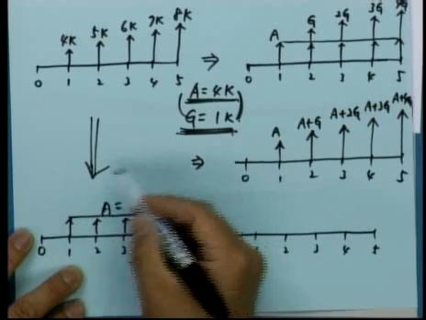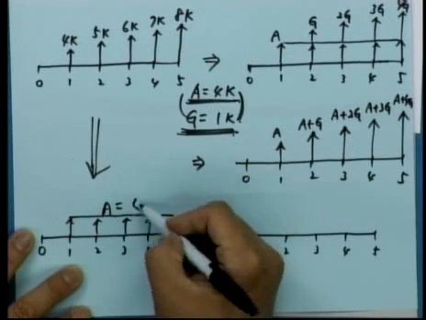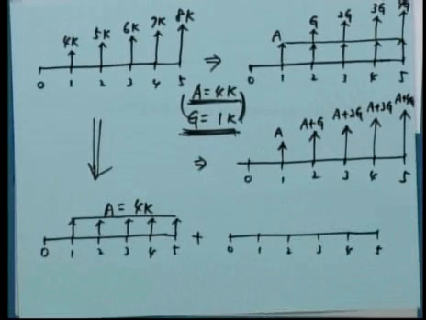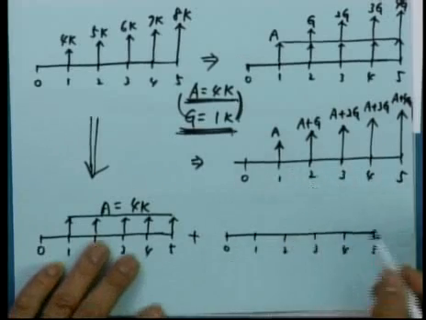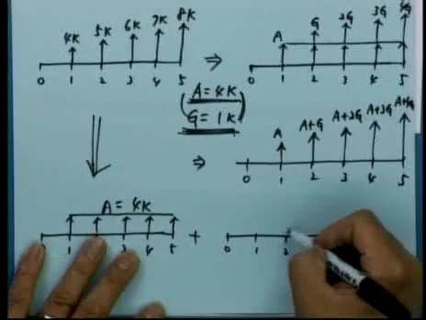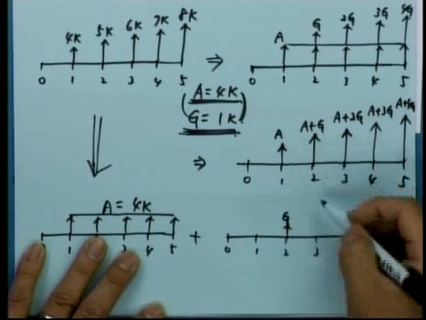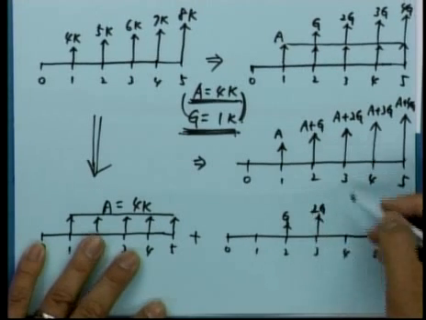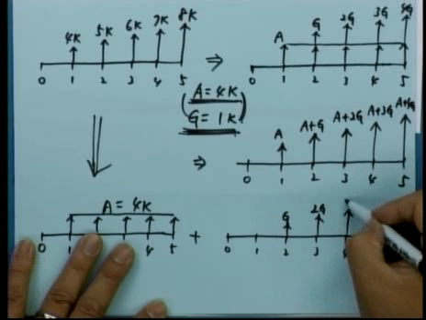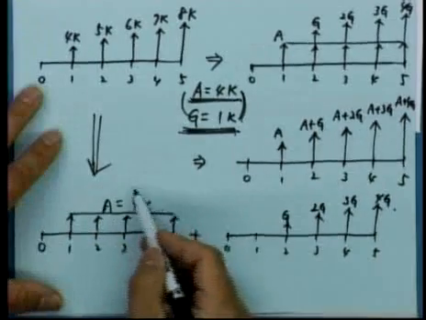So the first case is for the uniform annual series of 4,000 plus the arithmetic gradient. It starts from period 2, 1G, and this is 2G, 3G, and 4G. Okay.